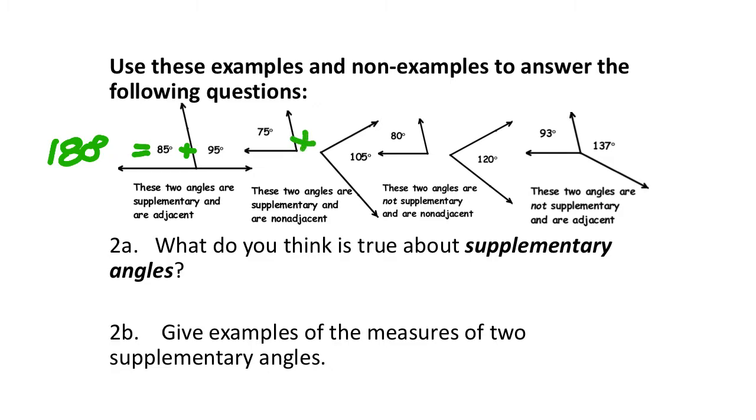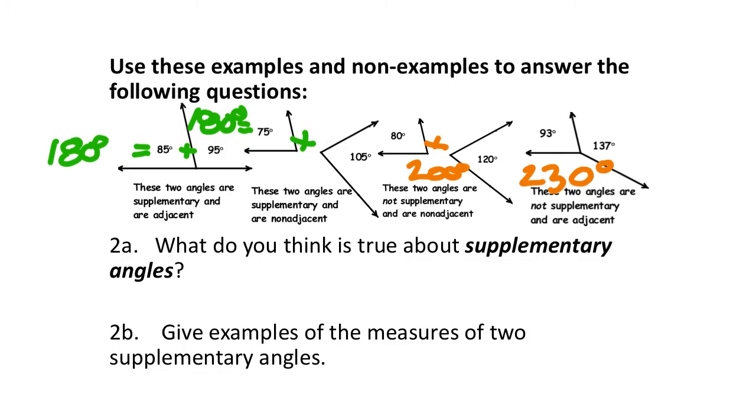The same is true for 75 degrees and 105 degrees. Those added up equal 180 degrees. And then for these other examples, like 80 and 120, that's 200 degrees. That's no good. And same with 93 and 137, that's 230 degrees. Nope, those aren't going to work.